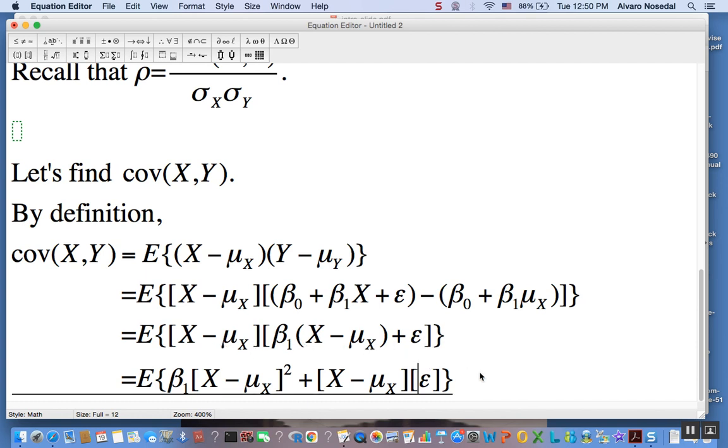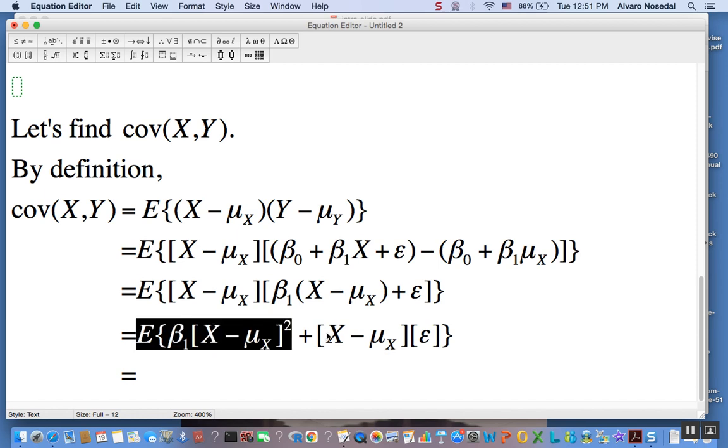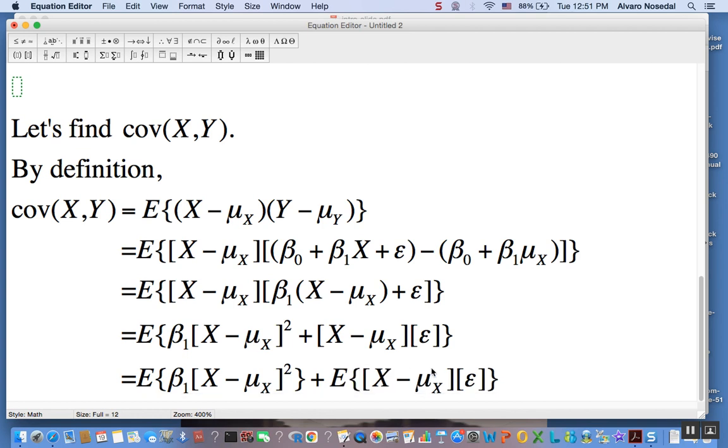You guys agree? Now note that what we want here is the expected value of a sum. That's the same as the sum of expected values.